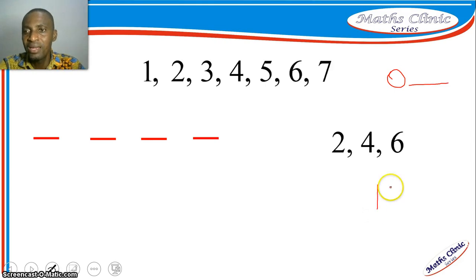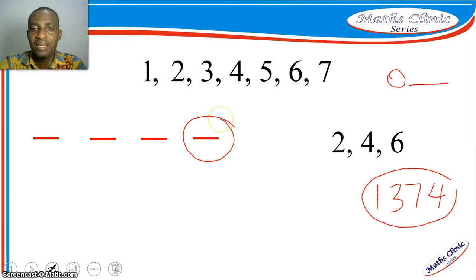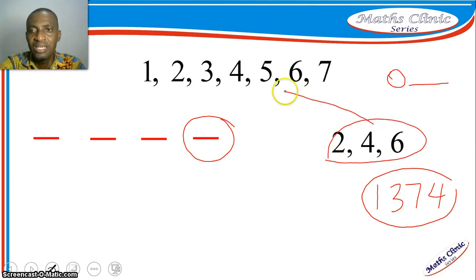If I have 1, 3, 7, 4, this is an even number. So the last position must automatically be any of the even numbers within the set of numbers given us. In this set, we have only 2, 4, 6 as even numbers. So any of these 3 can be positioned here.